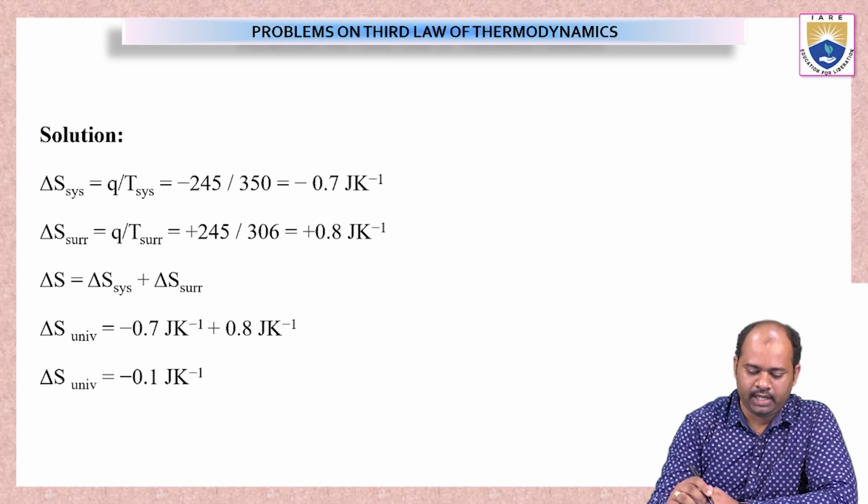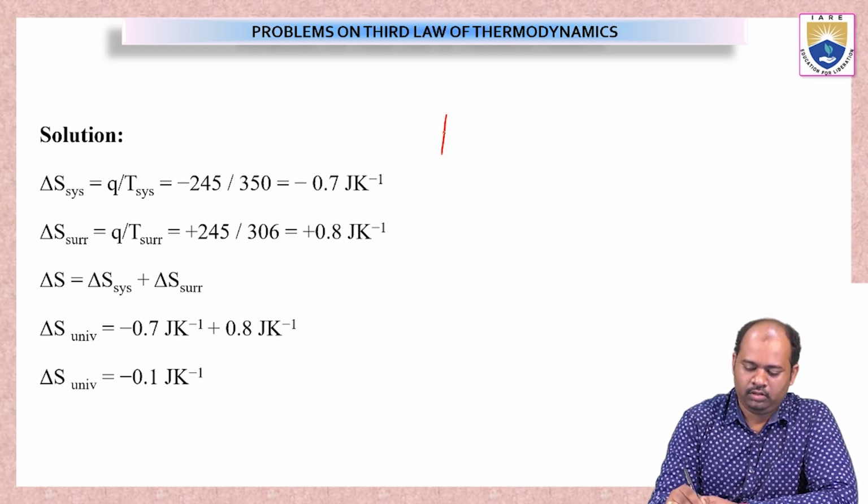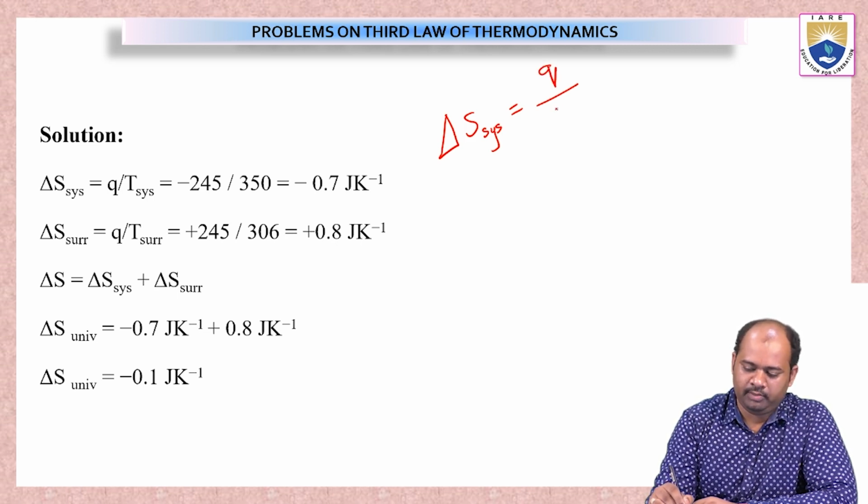First of all, we will calculate the entropy change in the system. So delta S for the system is equal to Q, the amount of heat supplied, divided by the temperature of the system.